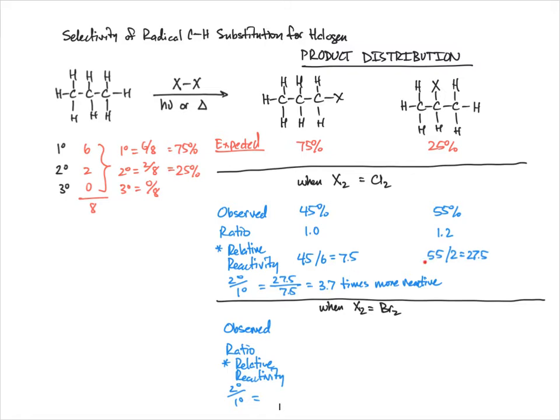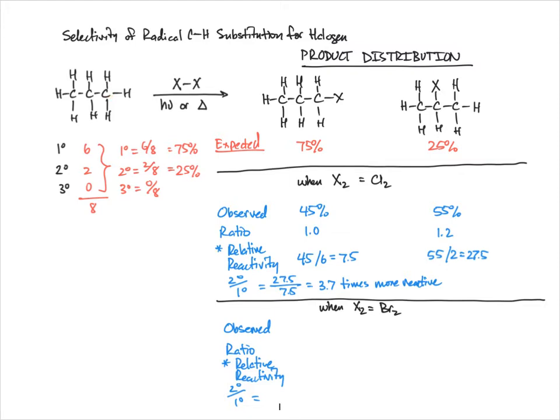For the secondary, we took 55%. There were 2 secondary hydrogens, so we got 27.5. The ratio of secondary to primary is 27.5 divided by 7.5. That tells you the secondary hydrogens in the starting material, which I'm highlighting, are 3.7 times more reactive than the primary.